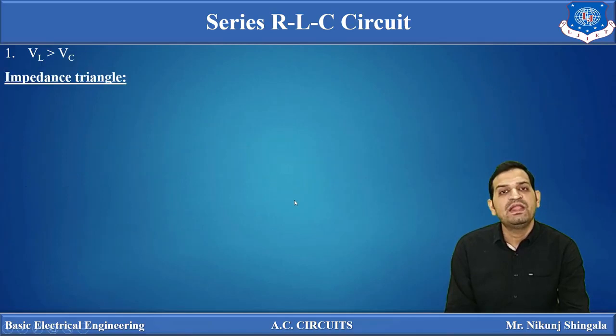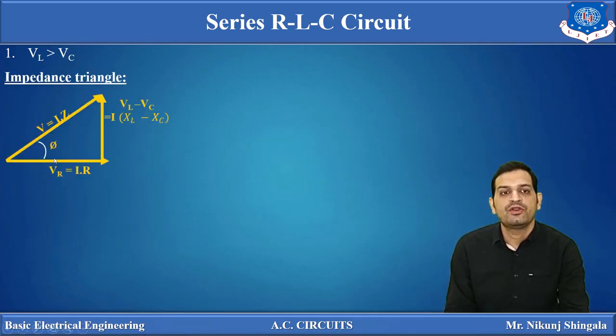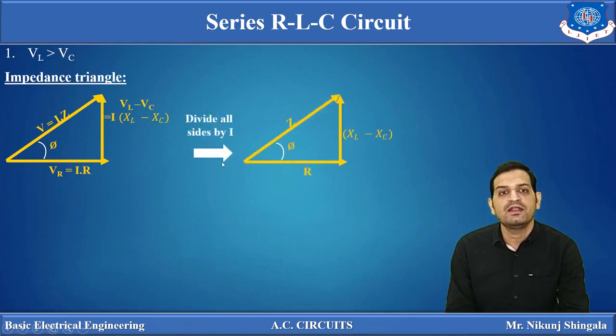Now the impedance triangle for the VL greater than VC case. Drawing the voltage triangle, VR is equal to I into R, VL minus VC is equal to I into XL minus XC, and V is equal to I into Z. Now this is a voltage triangle. If we divide all the sides of the voltage triangle by current I, we can get the impedance triangle. Why is it an impedance triangle?